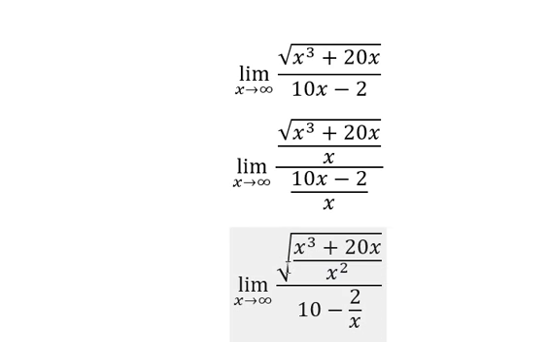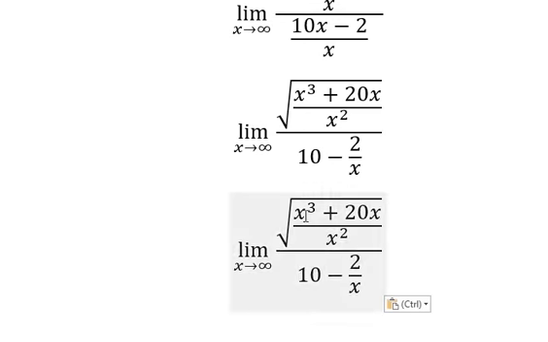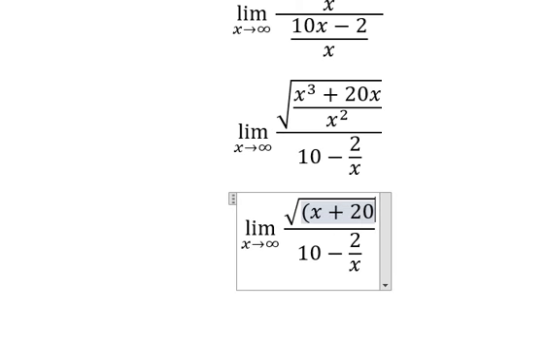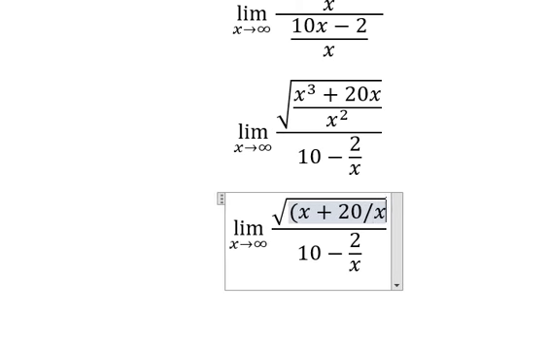Because the square root of x square, we have x in here. So this one divide by this one and this one divide by this one. So we have x plus 20 over x.